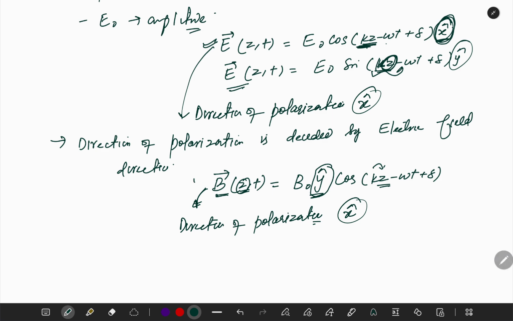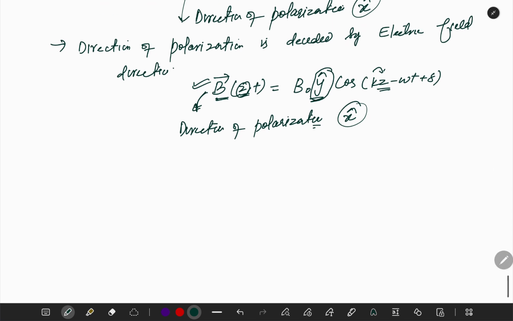Let's assume somebody asks you a question and gives B(x,t) equals B naught y cap cos of (kx minus omega t) plus phi. This means the wave is traveling along x, and B is varying along y.